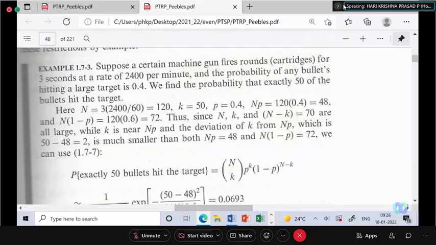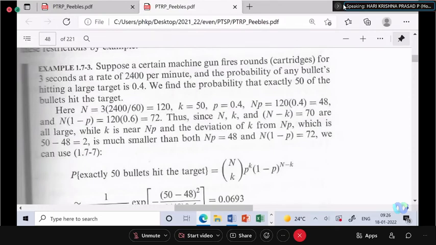For 3 seconds, it is 3 times 2400 by 60. So 120 bullets could have gone out in 3 seconds. So 120 attempts have been made. So capital N, the number of trials, is 120. That is how we should understand, right?